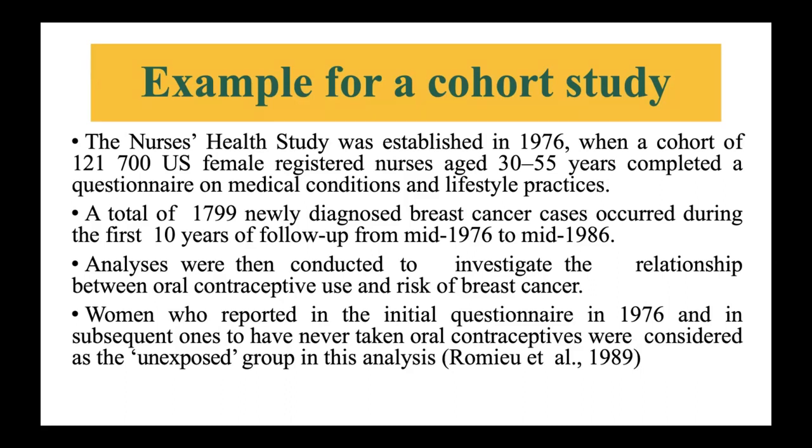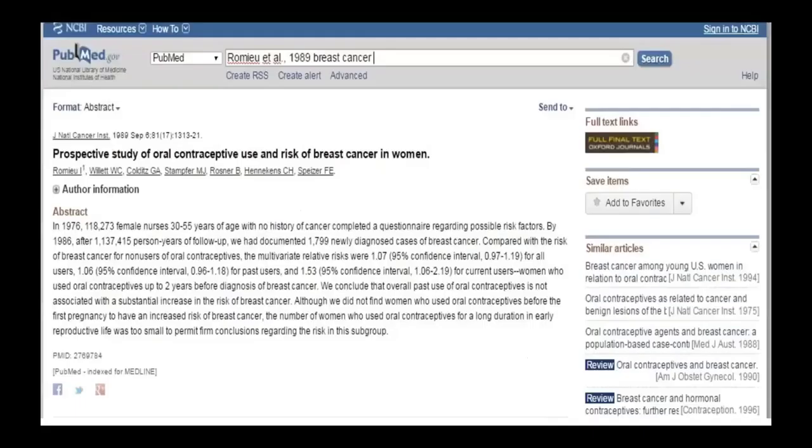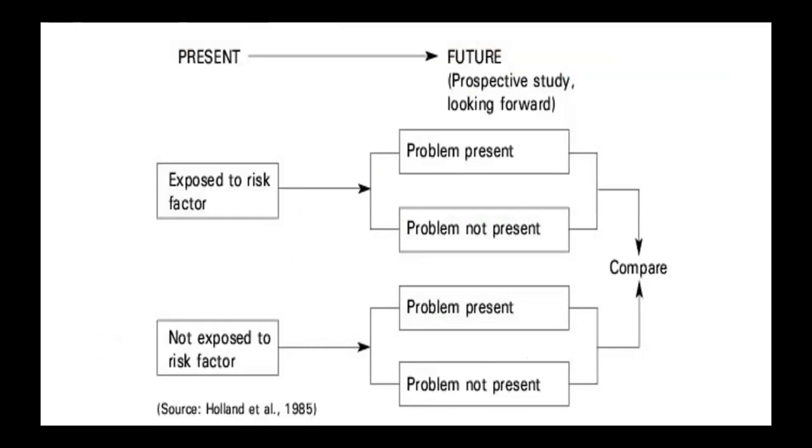In this, there are two groups. One is the exposed group and the other is the unexposed group. So keeping in mind these two groups, we have to calculate the inference from this study. So this is the study that was published.